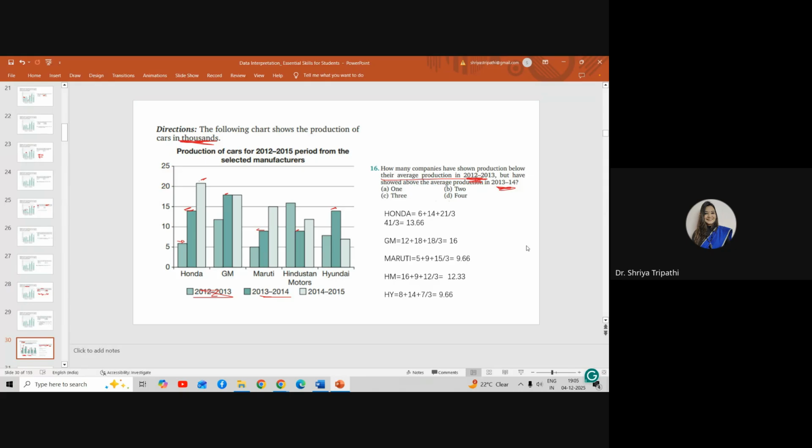See, 16 we are getting here. Here, it's approximately 18, so this is higher. Second, Maruti 9.66. Then Hindustan Motors 12.33 and Hyundai 9.66.